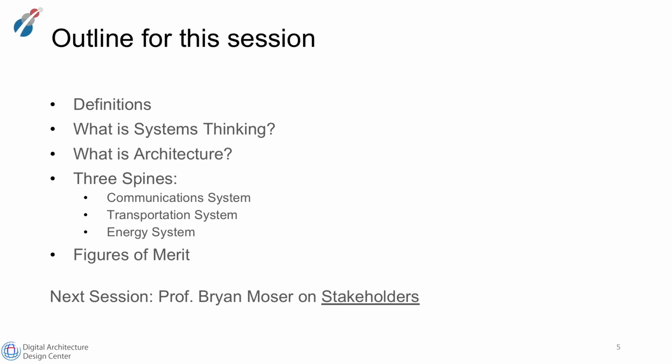We'll also discuss architecture, and then I will spend some time on 3 systems: the communication system, the transportation system, and the energy system, because those 3 are particularly important, and they're mentioned extensively in the book on engineering systems that some of you, I think, have been able to take a look at. And I will finish on figures of merit, and then turn it over. We'll have a short break, and then turn it over to Professor Brian Mosier to discuss stakeholders and stakeholder analysis.